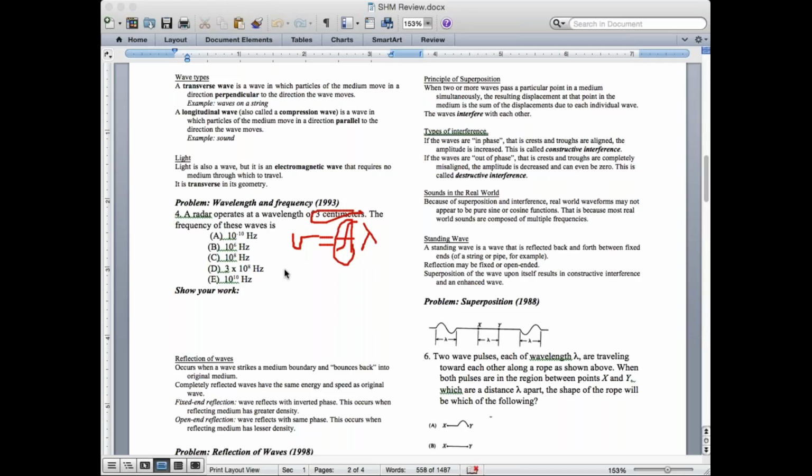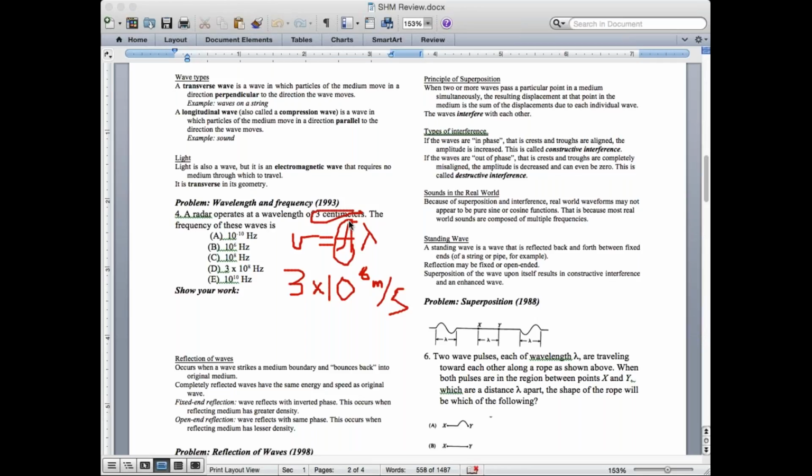Well, v is 3 times 10 to the 8th meters per second. I would give that to you to help you reference this. So that's the speed of the wave, and that gives you the frequency. It's in 3 centimeters, so we need to recognize that we have to convert that to meters.